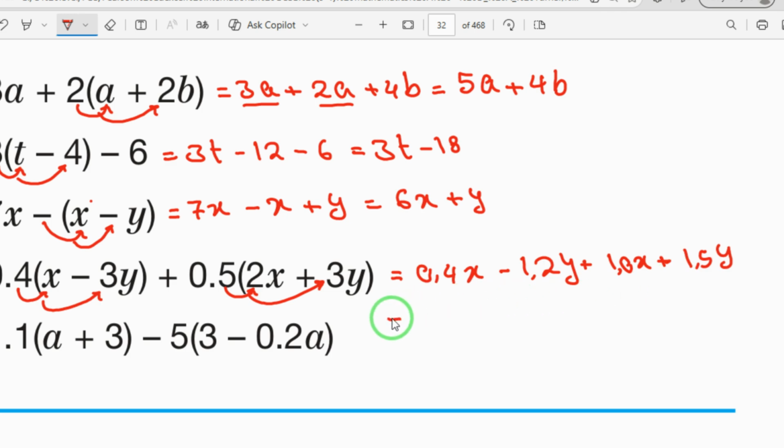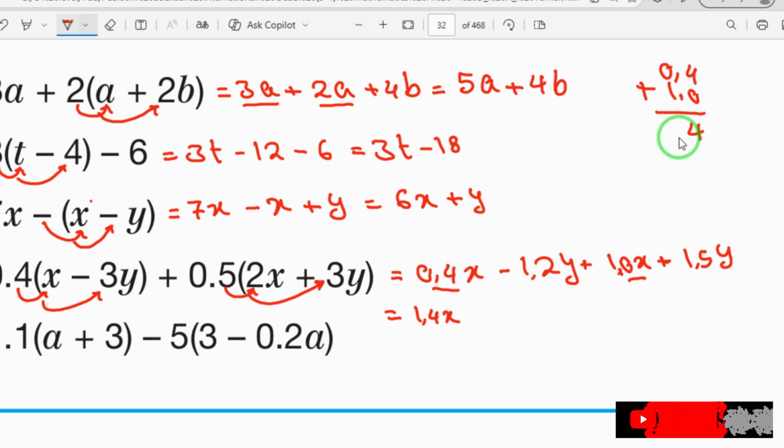Now we look for like terms. Here we have x, and here as well, they are positive. 1.0 plus 0.4 becomes 1.4x. Here I add these two numbers, 0.4 plus 1.0. We add these two numbers, 4 plus 0 becomes 4.